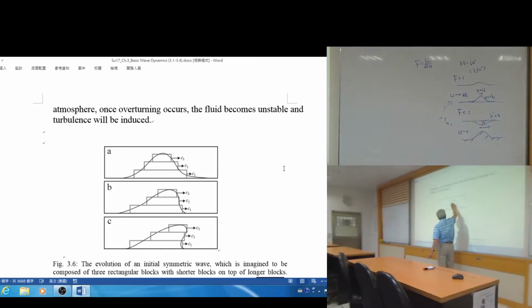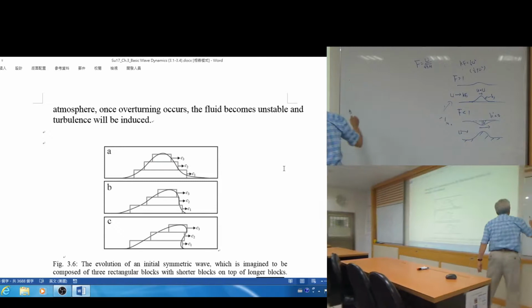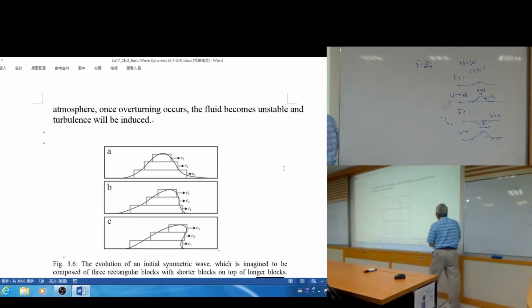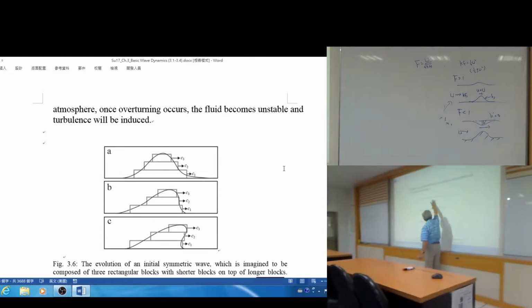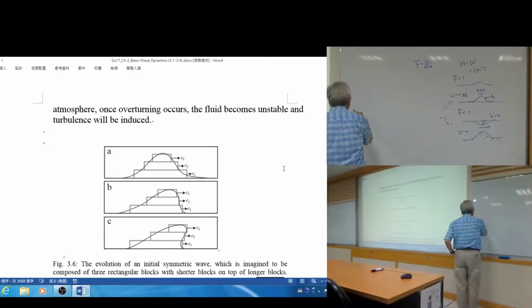For this one, the depth of the floor is H1, right? Okay, so C3. We have the depth of the floor roughly like H3, and C2 would be like H2, and C1 would be H1.